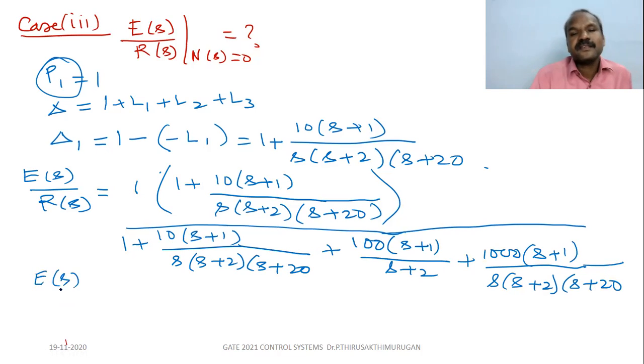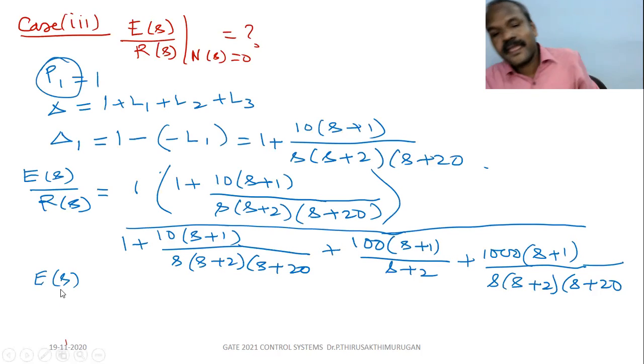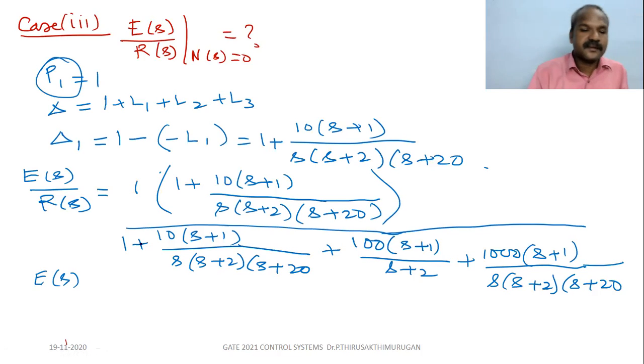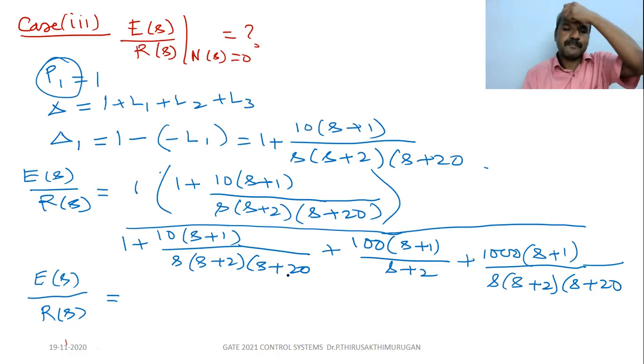So what is the final answer? Please simplify, my dear students, and tell me the answer. So E of S by R of S equals, if we simplify this, Kunshnidhi, please tell me the answer. Amida, where are you?